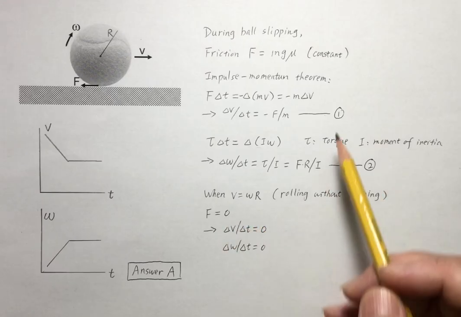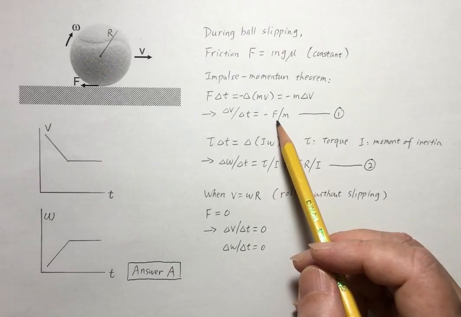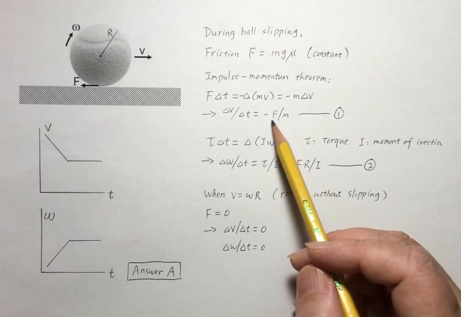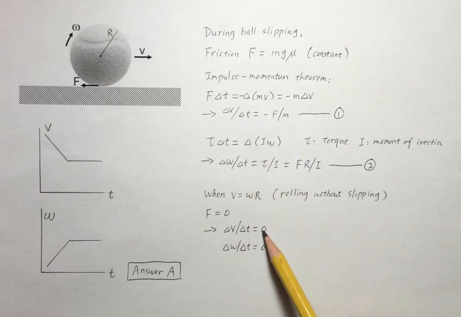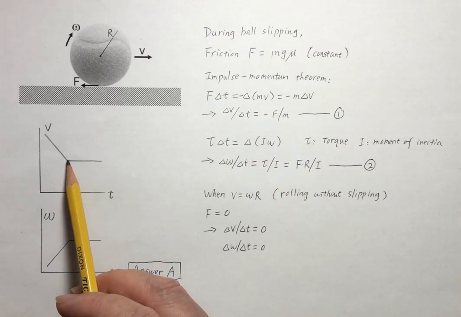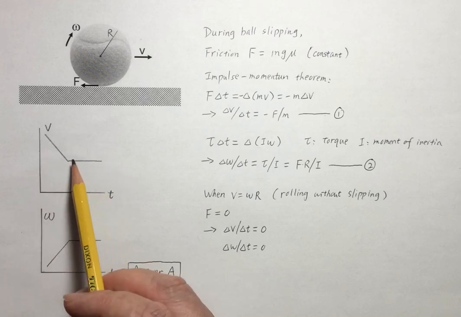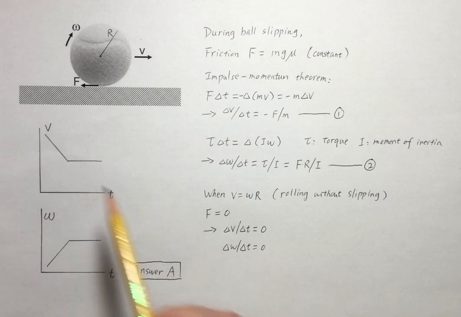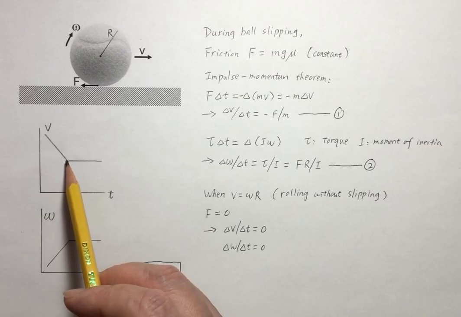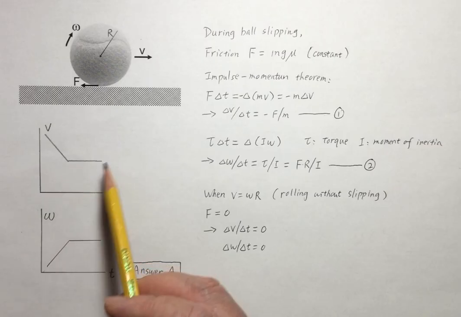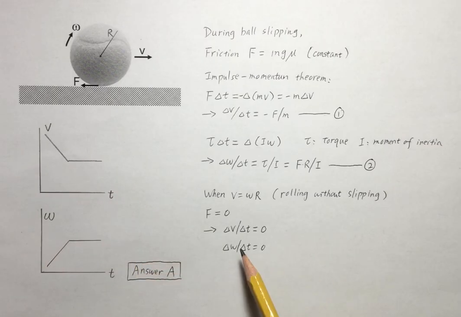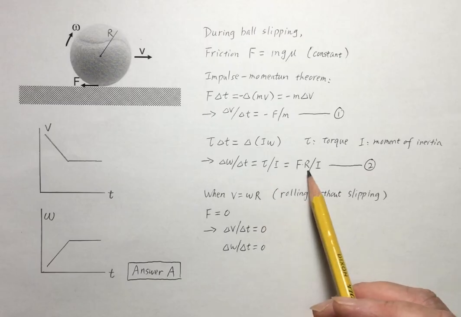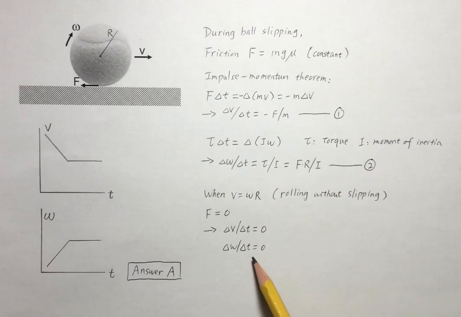So now if we look at equation 1, because F equals 0 now, delta v over delta t is 0, which means this part of the v versus t curve is flat, because delta v over delta t is 0. And delta omega over delta t also becomes 0 based on equation 2.